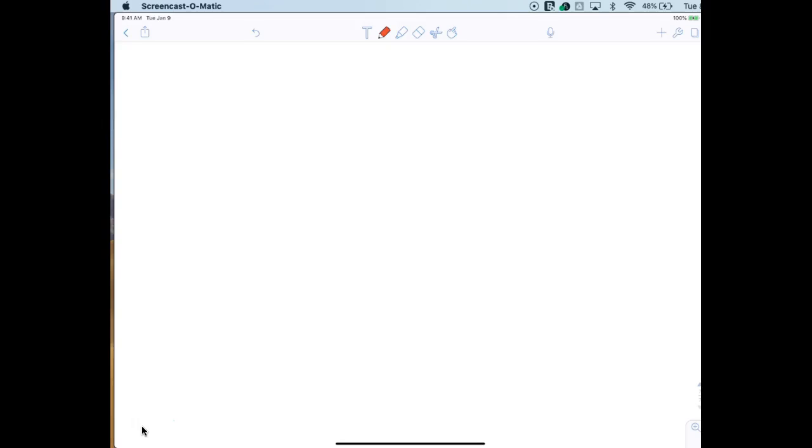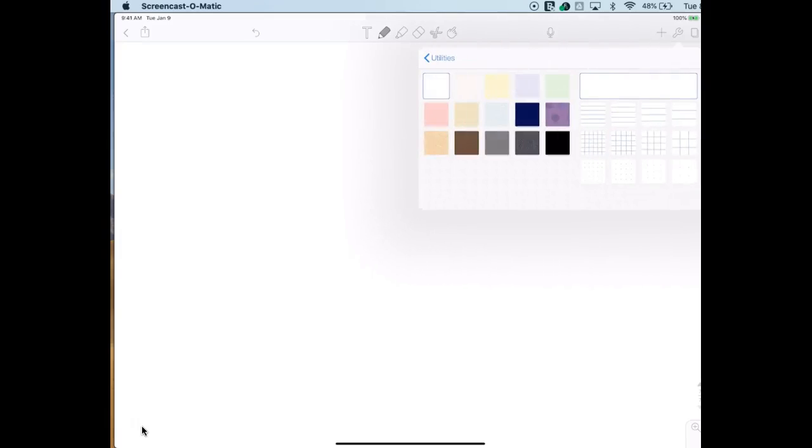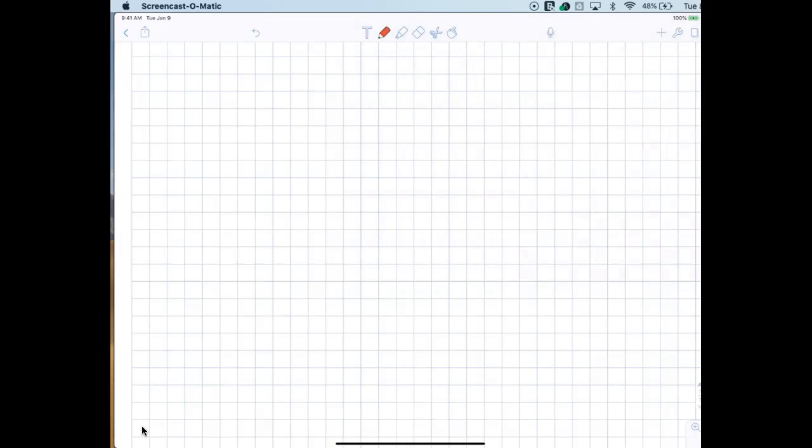So now what I want to do is draw a rhombus for you, and then we're going to see if you can tell me the different properties. So I'm going to come over here, and I'm just going to do something like this.